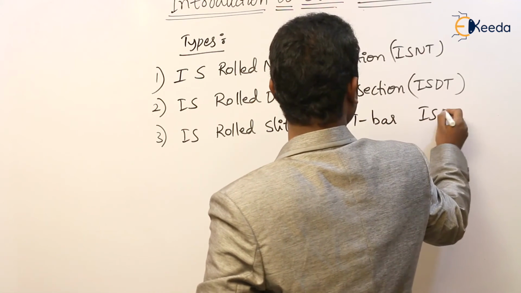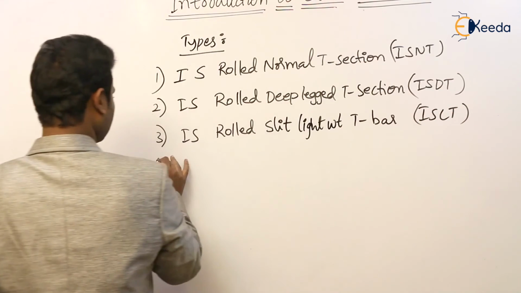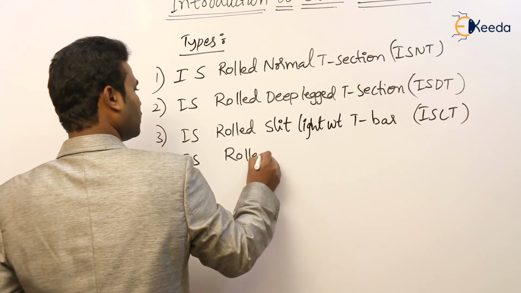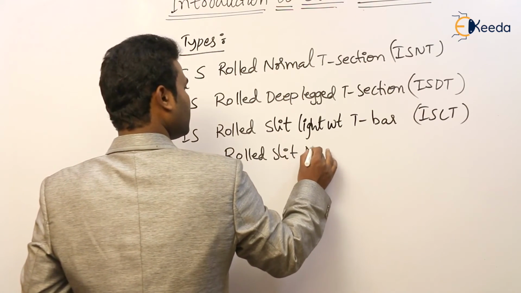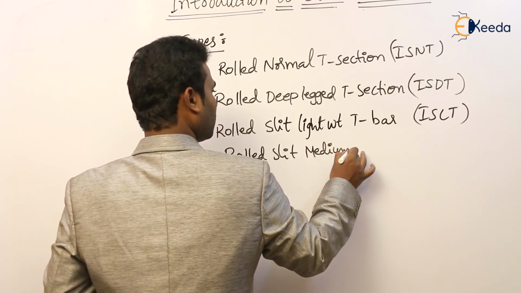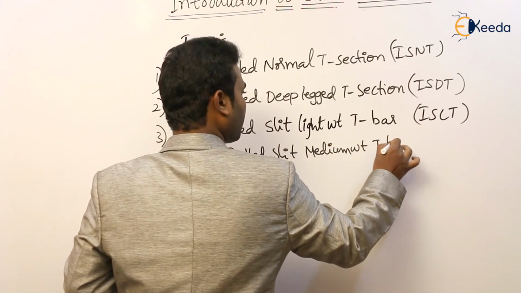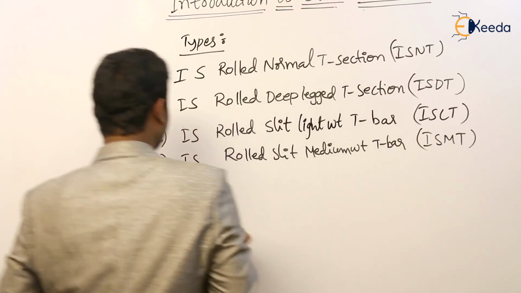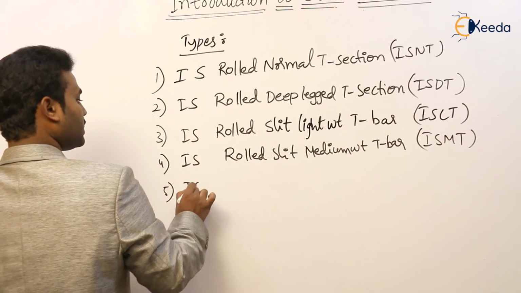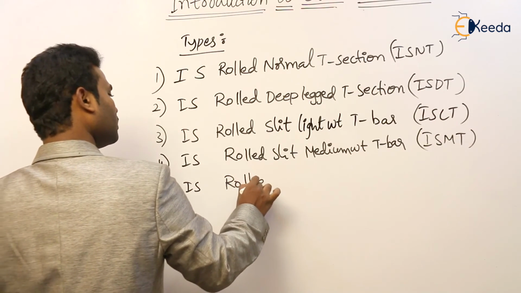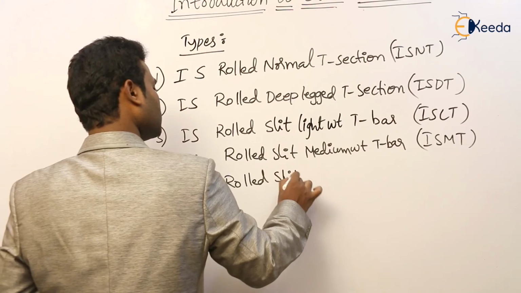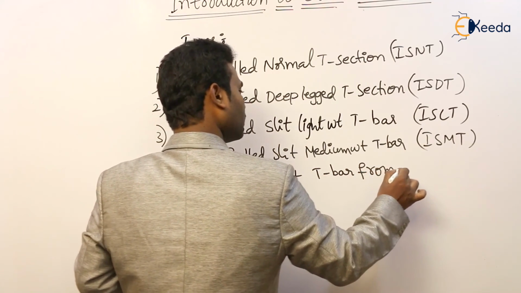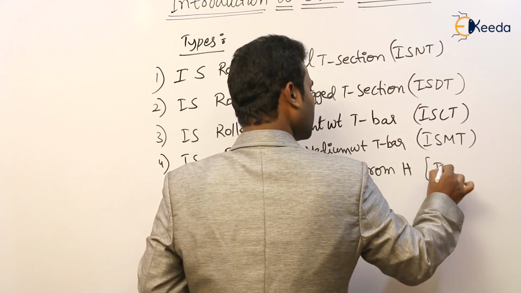So this is ISLT. Next, Indian Standard rolled slit medium weight T bar, so ISMT. Next, Indian Standard rolled slit T bar from H section. From H, so it is ISHT.